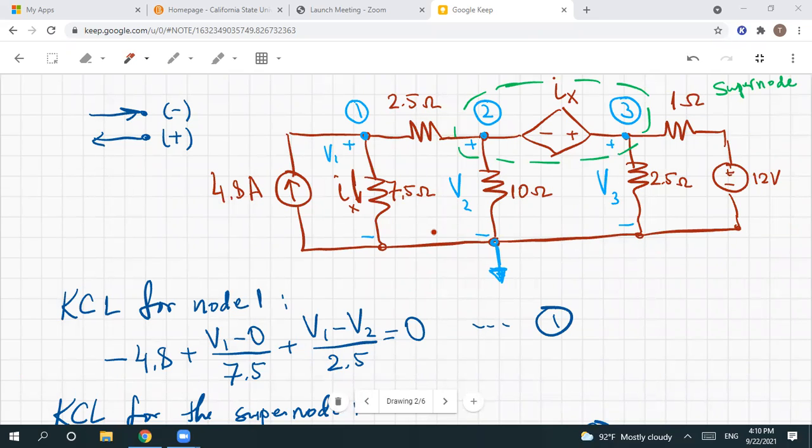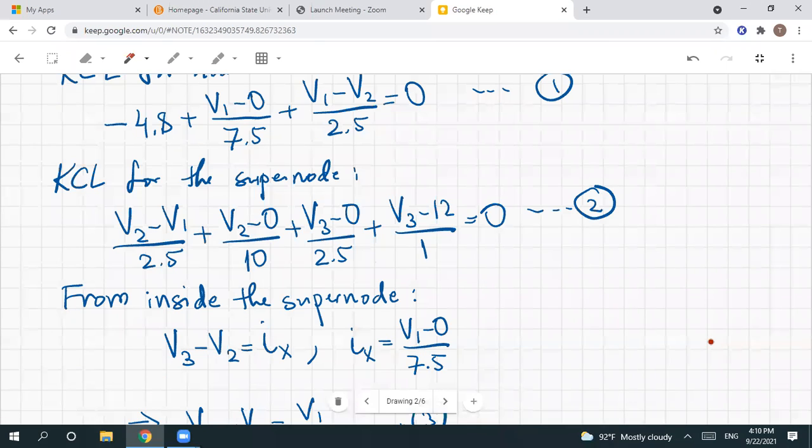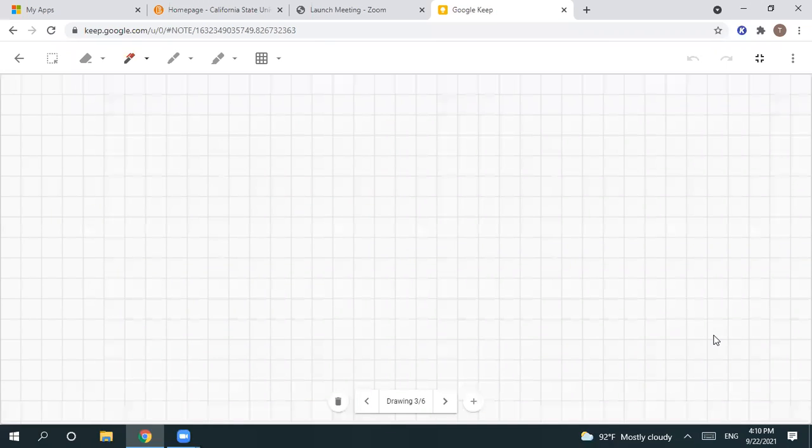Okay, so let's see this circuit. We will solve another example. Let me go to another page. And here we will have another example. So assume that we have here a dependent current source, and it is connected across a resistor.